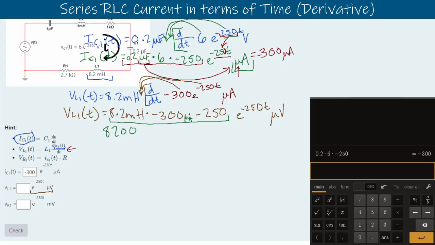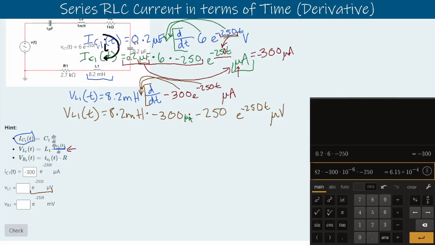So we want to plug these in fully. We have millihenries and microamps that we need to use here. And so we'll say that we have 0.0082. That's our millihenries. We'll multiply that by negative 300 times 10 to the negative 6 for micro, and then we'll multiply that by negative 250. And that gives us this small little number. It's 6.15 times 10 to the negative 4.